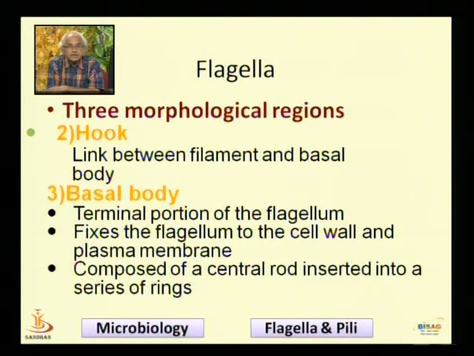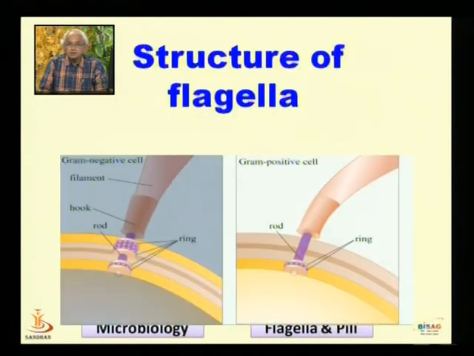There is a central rod surrounding which there are certain discs present. Now the number of the discs is always dependent upon the kind of bacterial cell. If it is a gram positive cell, there are only 2 discs, and if it is a gram negative cell, there are 4 discs. We will be elaborating upon this looking at this diagram.